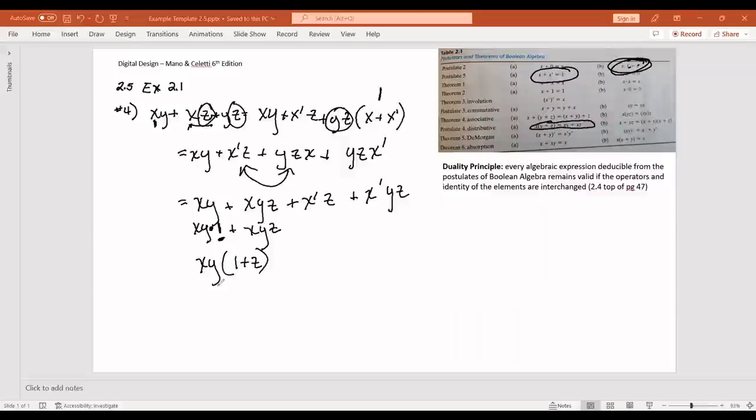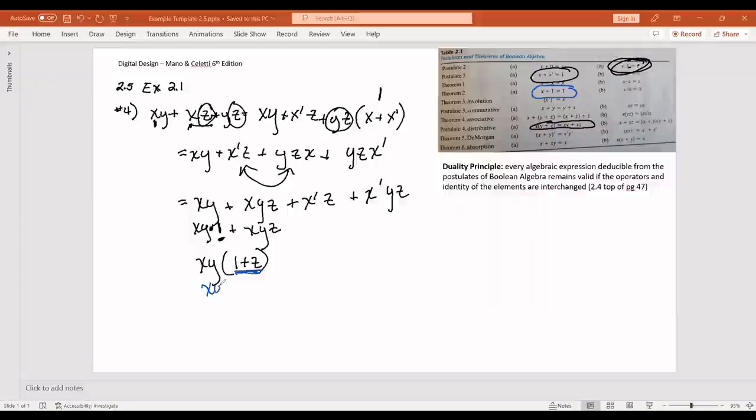Okay, so we can just follow this down. Let's change colors so we can see what we're doing a little better. So we'll go to blue. Now you have 1 plus Z here. This is an OR, so if you have a Z or a 1, that's always going to come out to 1.